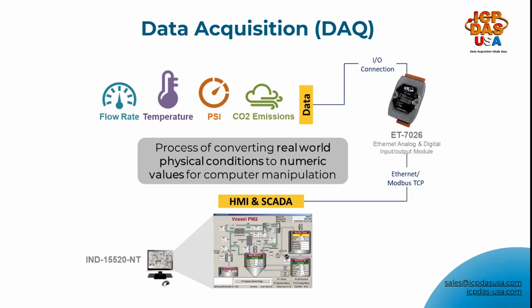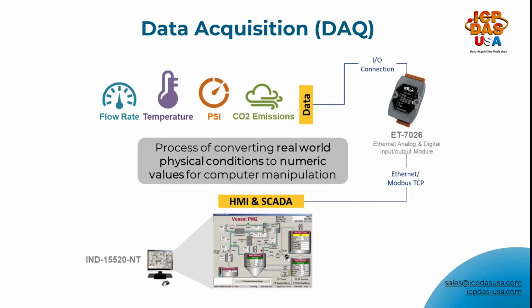For example, in this diagram, you see sensors that collect information about the temperature, the pressure, or the flow rate. These sensors then convert this information into electrical signals that computers can understand. The ET7026 module receives these signals and converts them into digital format compatible with the control system.